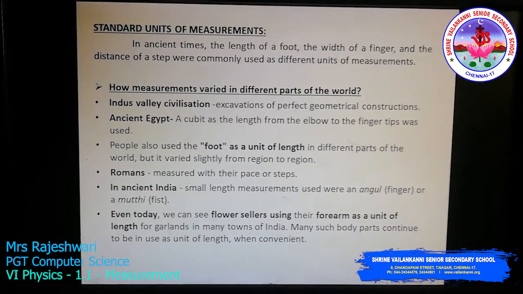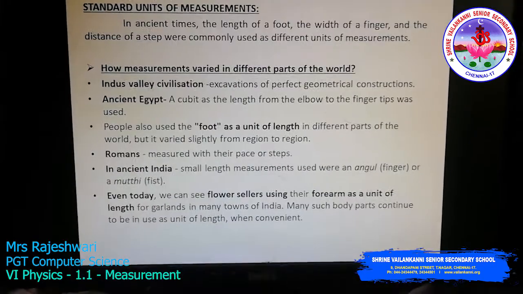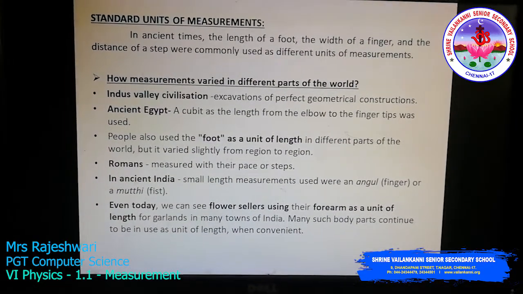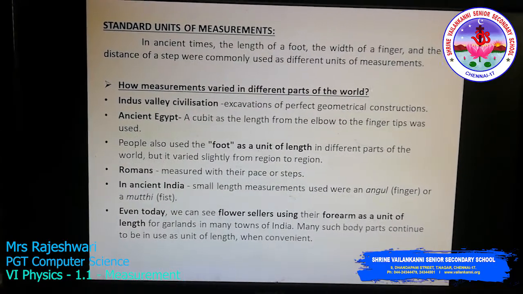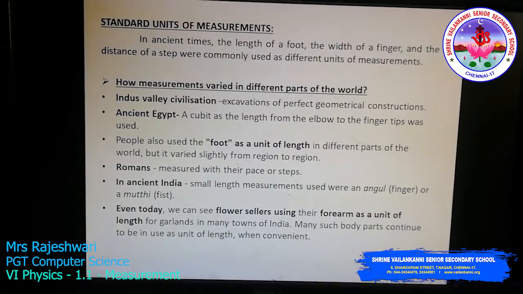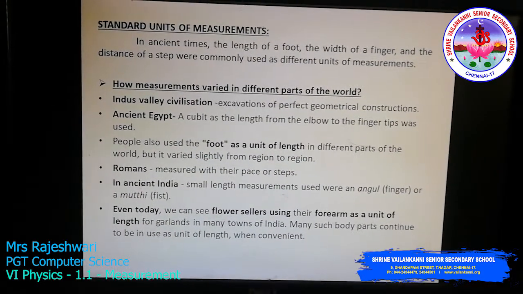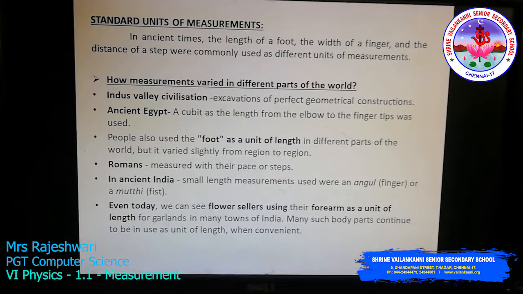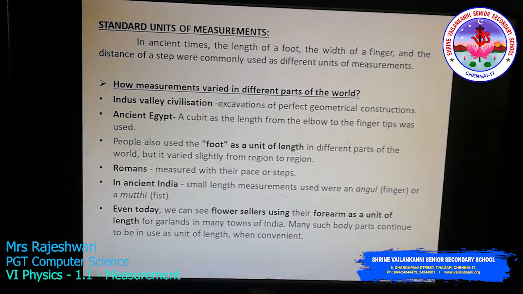And in ancient India, the small length measurements used were the angul or a fist. So they used their finger or their fist as a small length measurement. For example, you would have seen many flower sellers throughout Tamil Nadu or India, wherever you see, using their forearm as a unit of length for garlands in many towns of India.